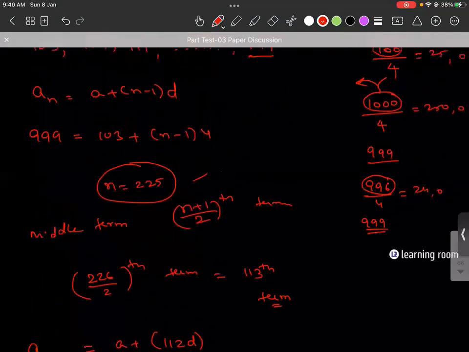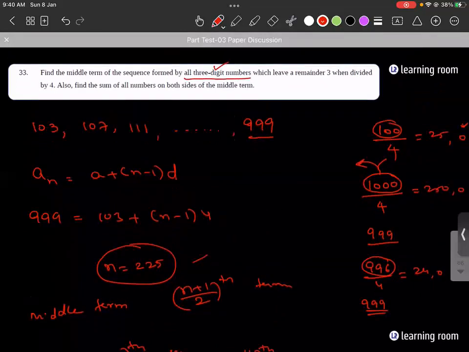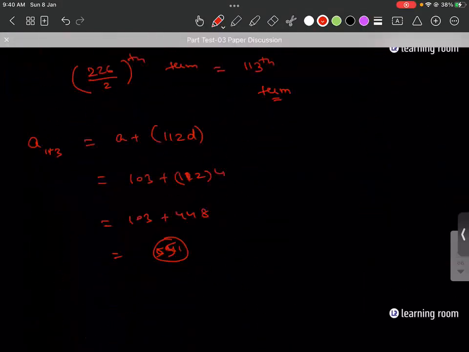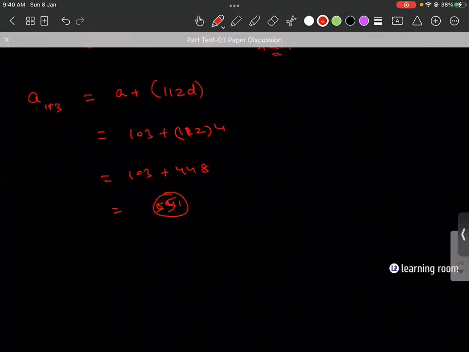Is it clear? Also find the sum of all numbers on both sides of the middle term: the sum of the numbers on the left side of the middle term, and the sum of the numbers on the right side.